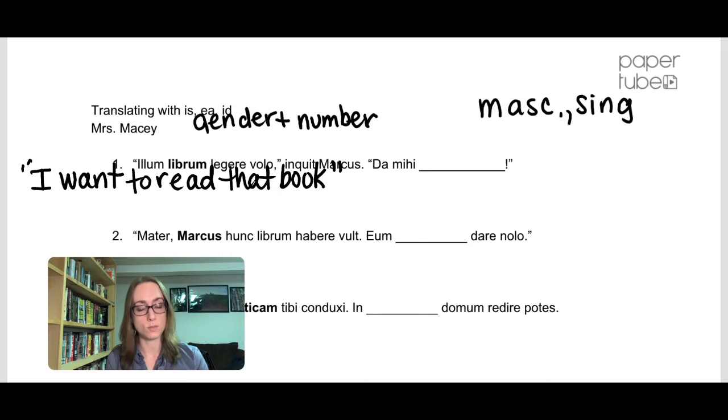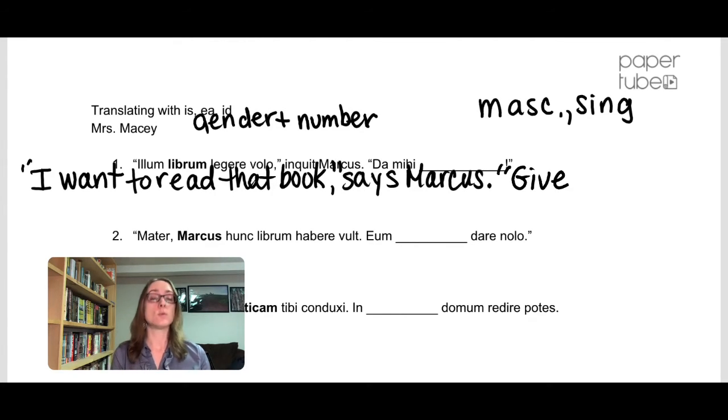Says Marcus, inquit Marcus. Then the last part is give me blank. So give something to me, because mihi is to me, it's dative. So it's going to be give it to me. And it's going to be masculine singular because librum is masculine singular.